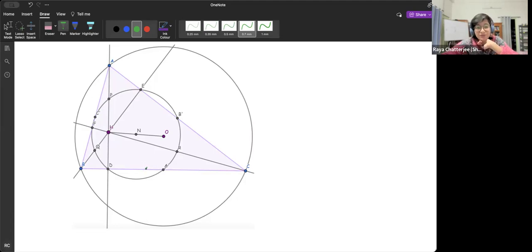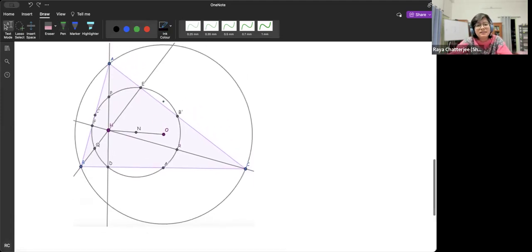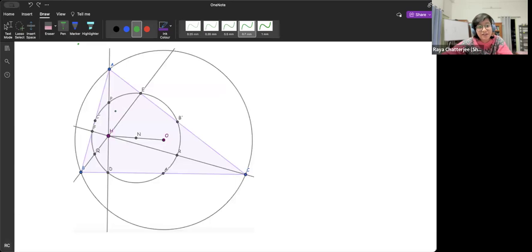I mean, there are many proofs using simple angle chasing and synthetic geometry, but there's a really beautiful proof using homothety. It's a homothety centered at H with ratio half, or more precisely, ratio 2.